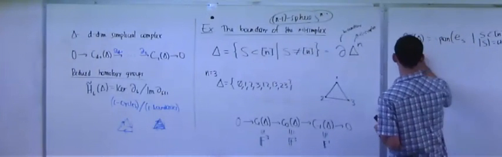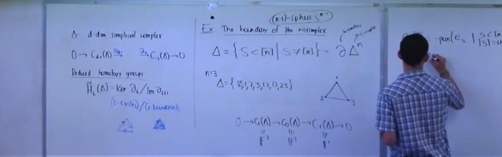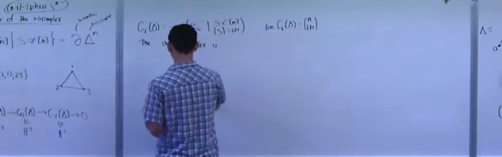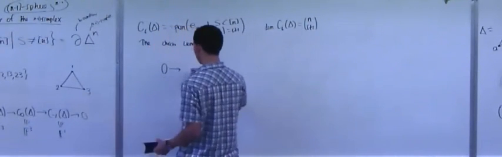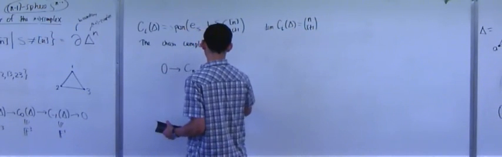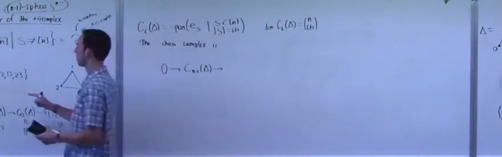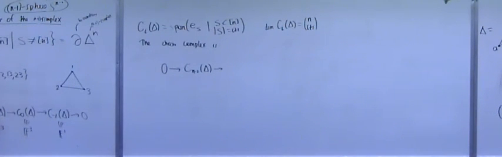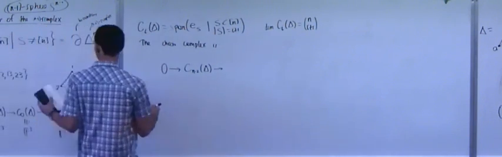So what does our complex look like? The chain complex looks like this. Let's do that in general. So here we said that the biggest dimension that we have is n minus 2, right? Just like in the case n equals 3, we don't have the two-dimensional triangle. We start with the one-dimensional things. And in general, this is the n minus 1-dimensional simplex, but it's empty. So we have no n minus 1-dimensional faces.